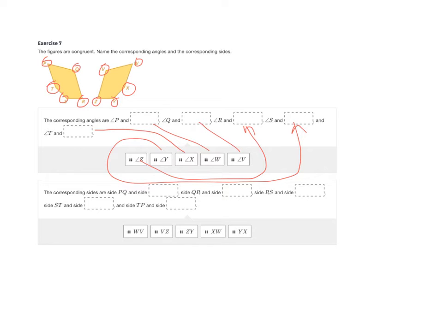Corresponding sides, we've got PQ. And I'll draw a little line here. PQ corresponds with VW. So that one goes right there. QR is going to correspond with VZ.